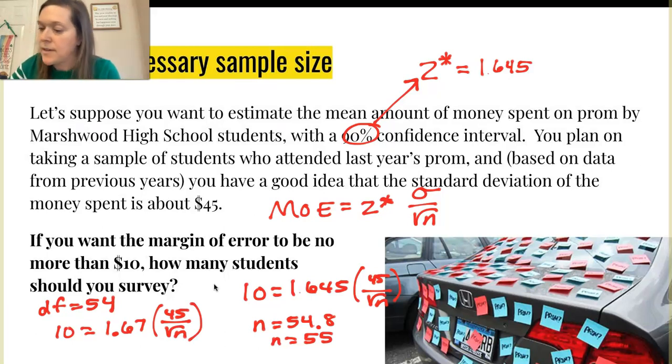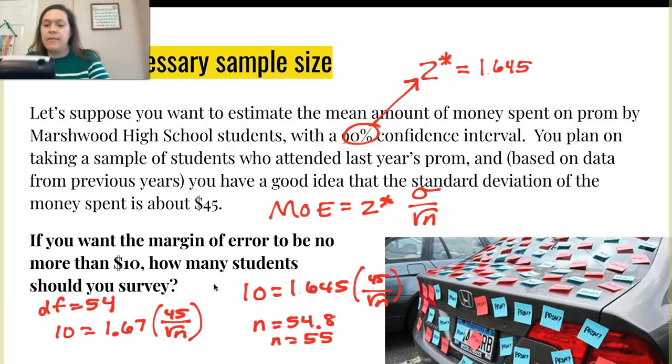Using our calculator, we're going to do 10 divided by 1.67, then 45 divided by that, and then squaring that. I need to grab a calculator, trying to use my phone.